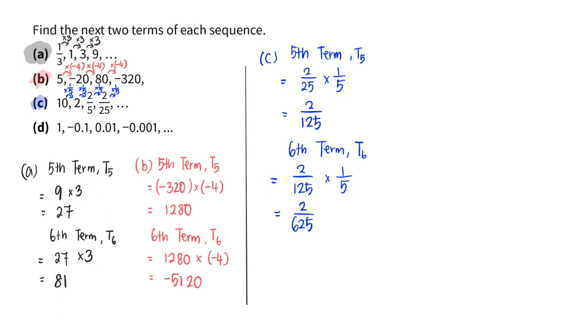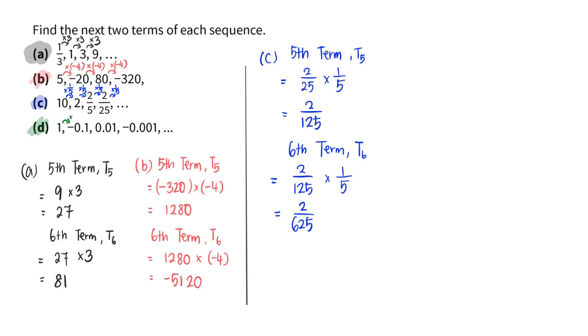And for the last part, part D. What do we notice? Yes, first there is a change in sign. That means we are actually multiplying by a negative number. And what's the next observation?